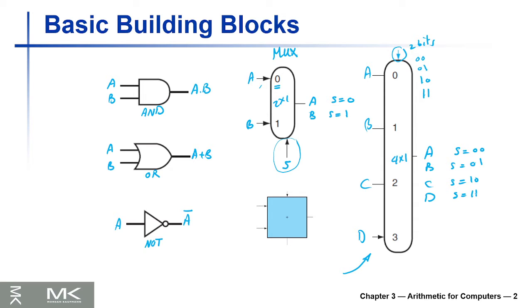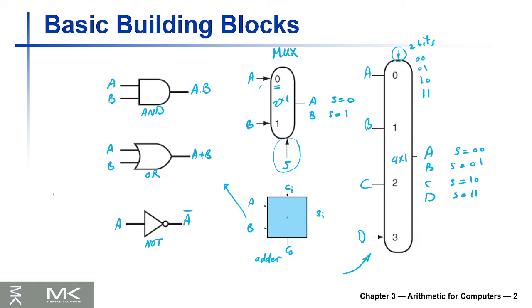Okay? Finally, we should have the adder. The adder is another circuit which is just a combination of AND and OR circuits. It has 3 inputs, A, B, and C, which is what's called the carry input, and it will give you what's called the sum bit and a carry bit.